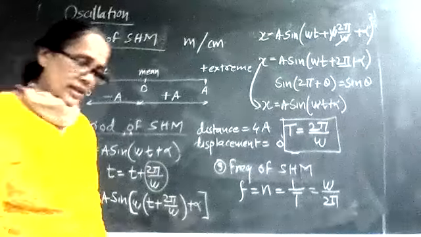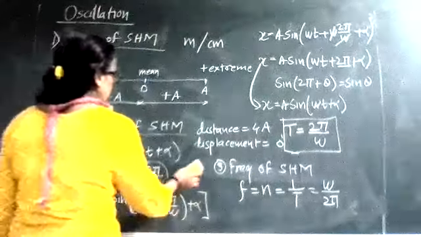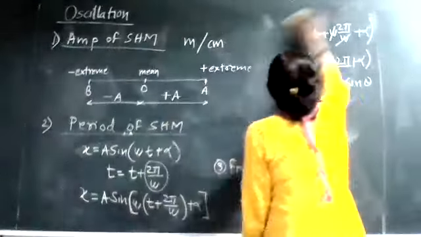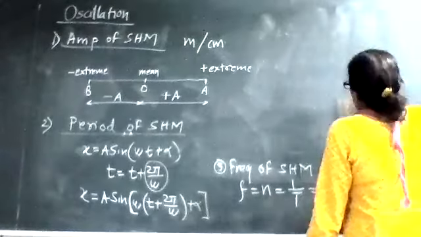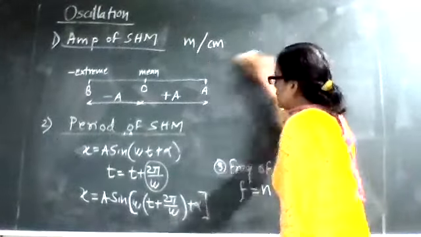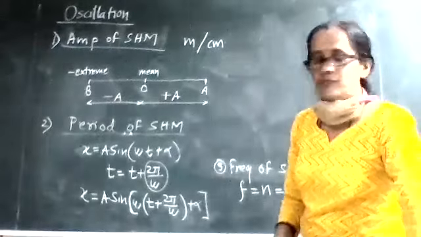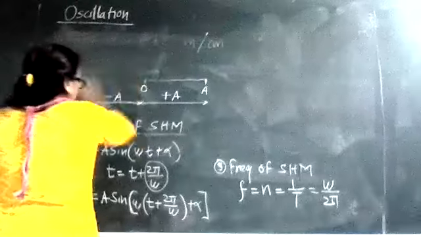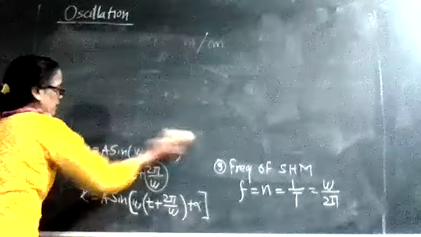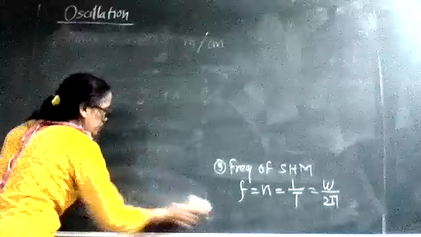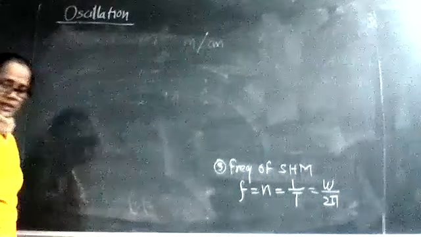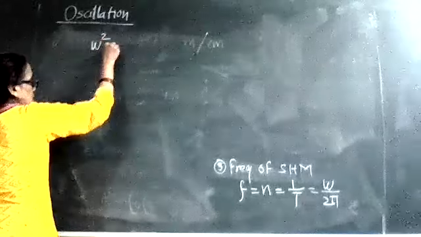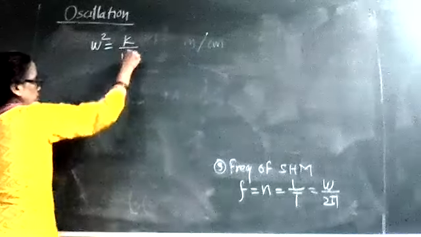Is it okay? Now here for frequency I will give one more formula. If you are remembering, in the differential equation of SHM we have written one replacement: omega square is equal to k by m.